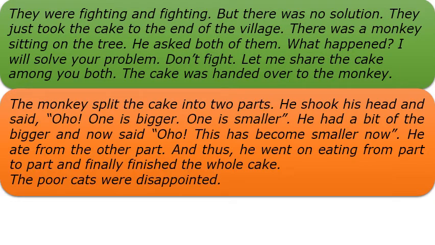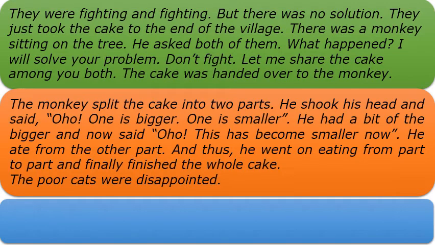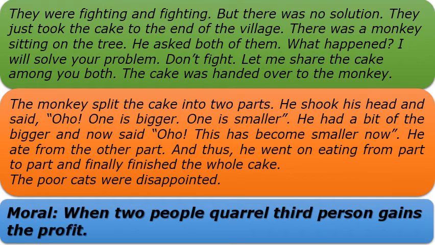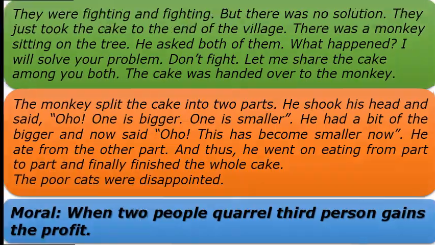The poor cats were disappointed. So, the moral of the story is, when two people quarrel, third person gains the profit. So, this was a story based on pictures.